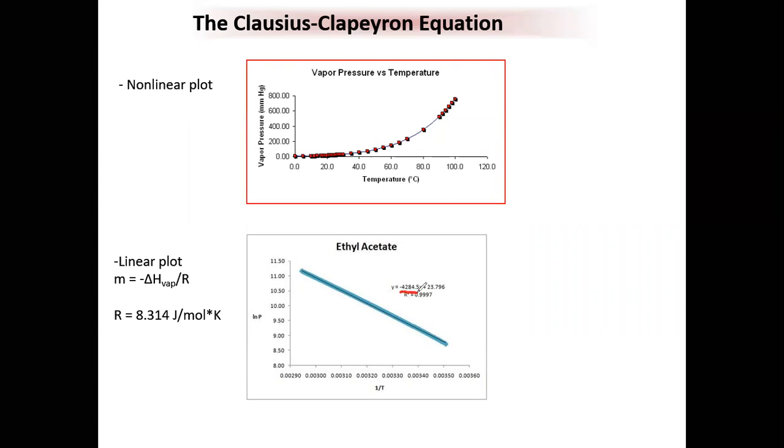And just to make a note, delta H of vaporization is always a positive value. It is never going to be negative. Saying that when you go from a liquid to a gas, you release heat is incorrect. When you go from a liquid to a gas, you always absorb heat.